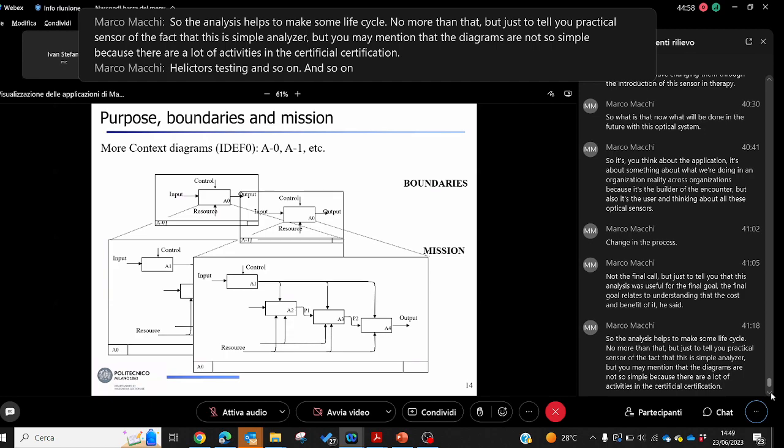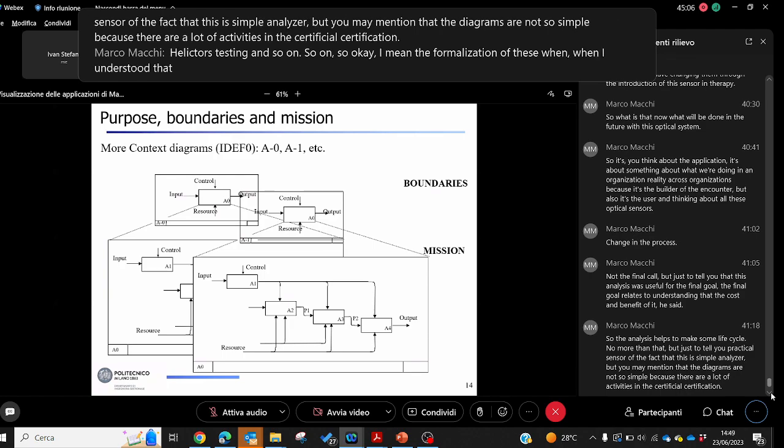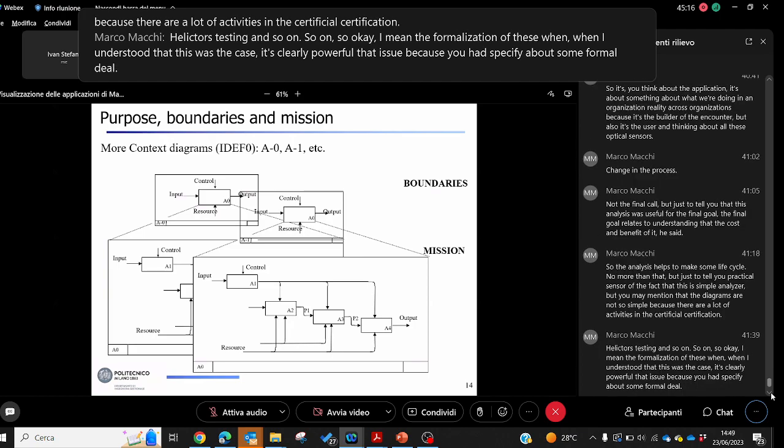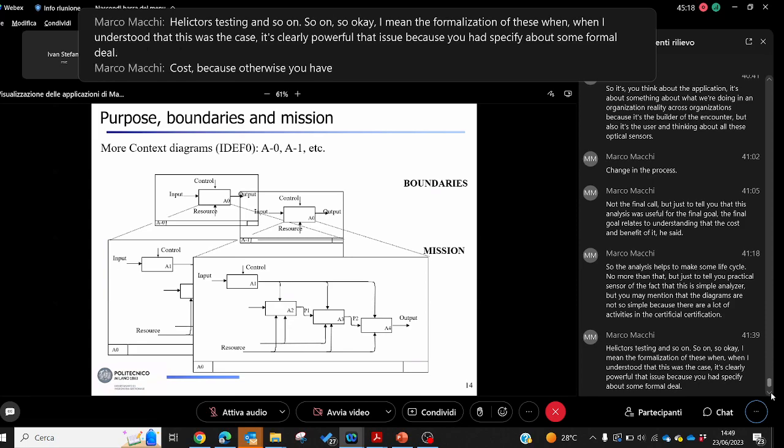So on. Okay, having a formalization of this, when I understood that this was the case, it's clearly a powerful issue because you can discuss some formal thing about the real cost, because otherwise you have barriers. You may think, okay, we have a norm, we cannot change anything. That's the point.